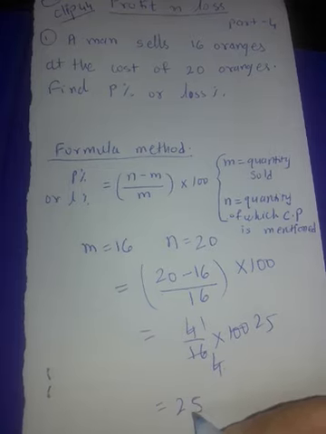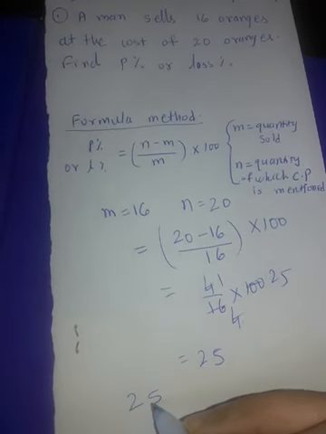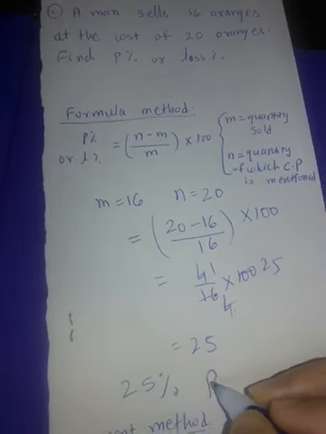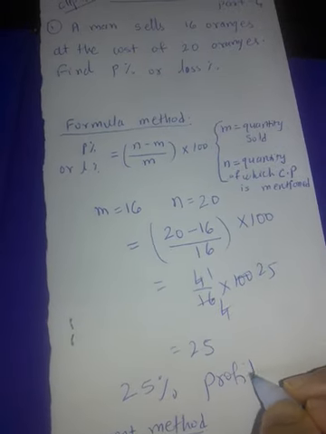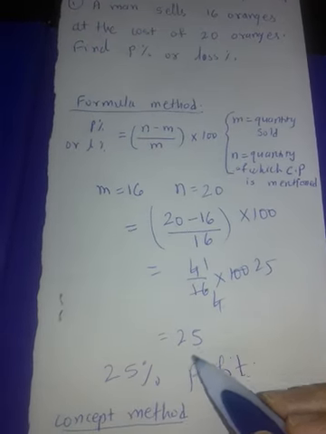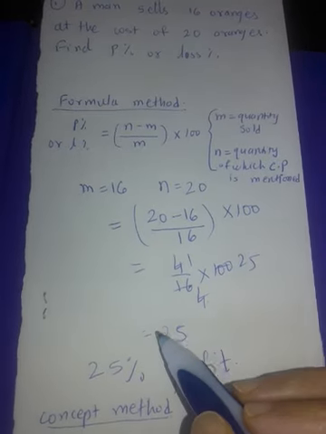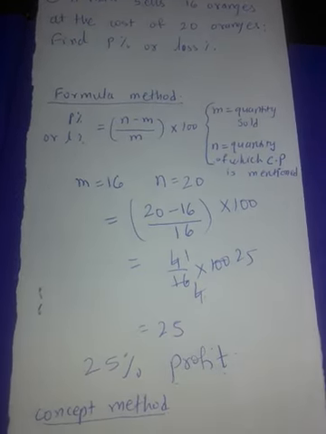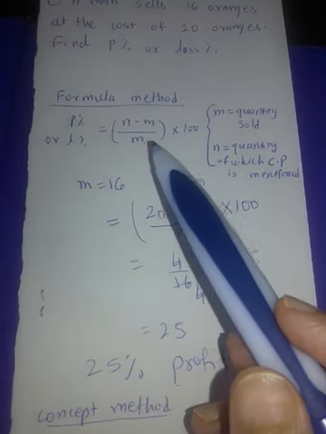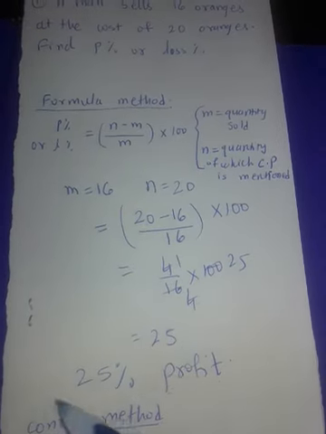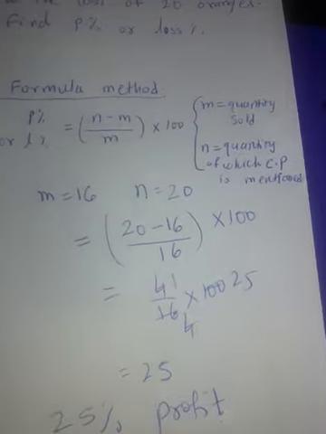So the answer is 25% profit. When we get a positive number here, the answer is profit. If we get a negative number here, then the answer is loss. So remember this formula. Your answer is 25% profit.